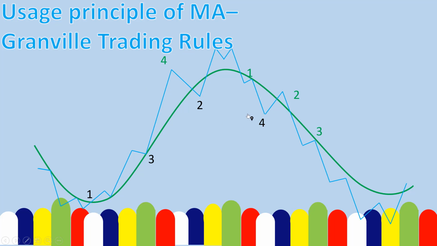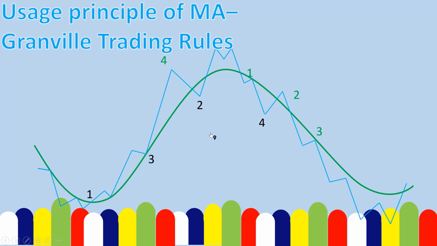This one is also like the first buy point, which is the price rises very fast and is far away from the MA, then the price stops rising, then it pulls back. So here will be the fourth sell point.